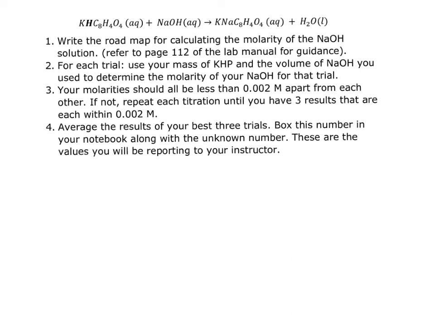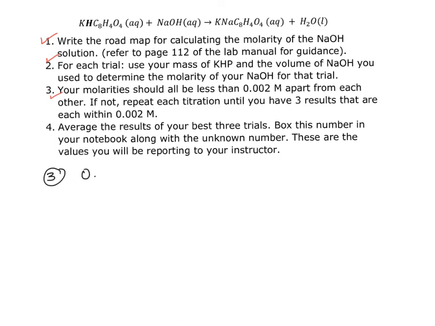So just referring back to the calculations for part 3, again, we looked at the roadmap. For each trial, you're going to get the molarity of NaOH. We talked about making sure your numbers are reproducible. So for number 3, I really want to see you writing this down. So you'd have your largest value.